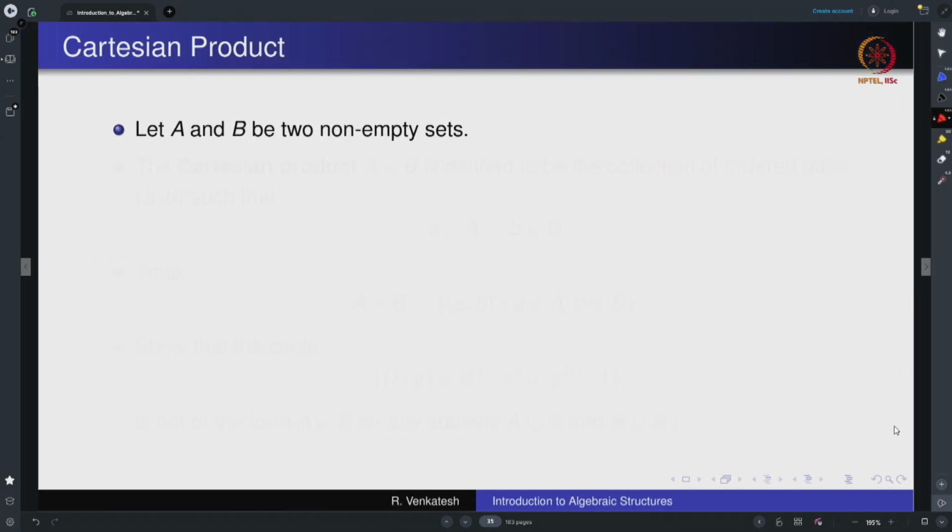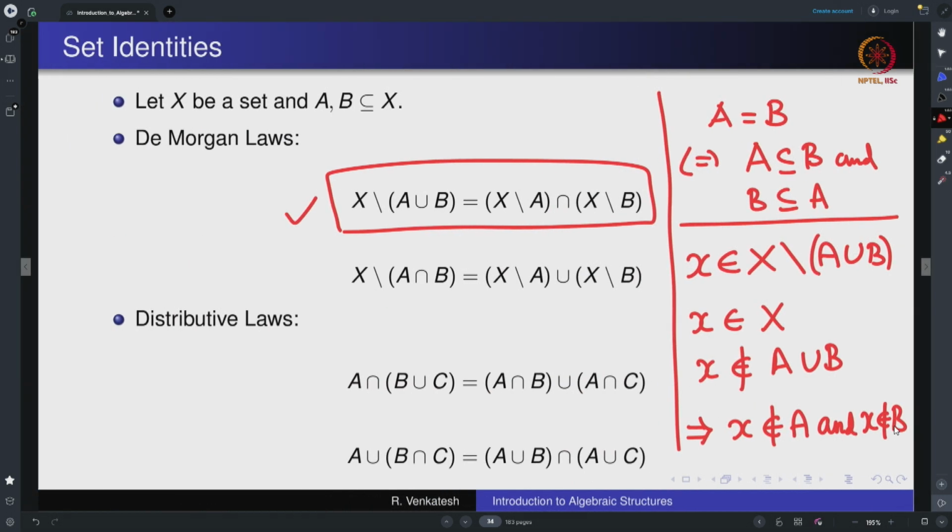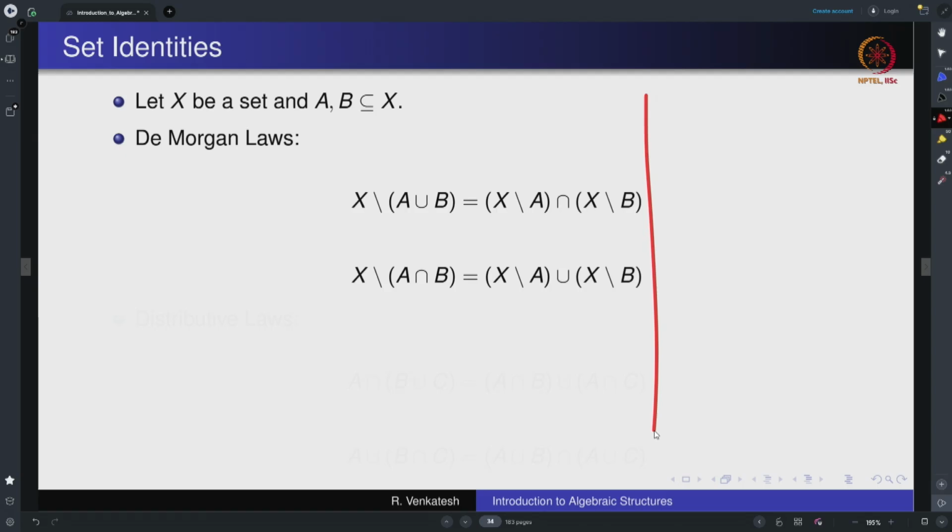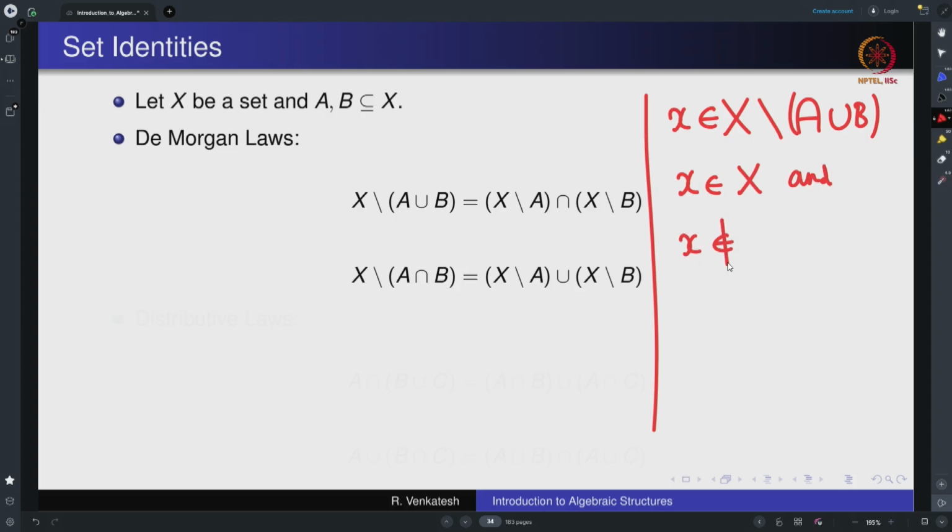Now let us write down what we have. We just said that x in X difference A union B means x is in capital X and x is not in A and x is not in B. So, this is what we have.